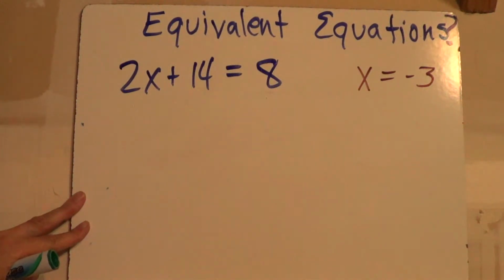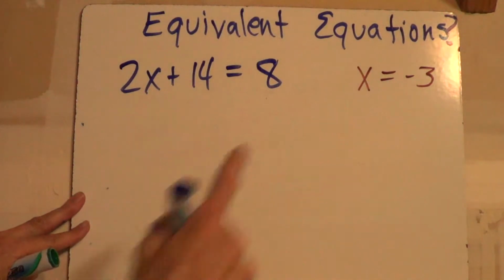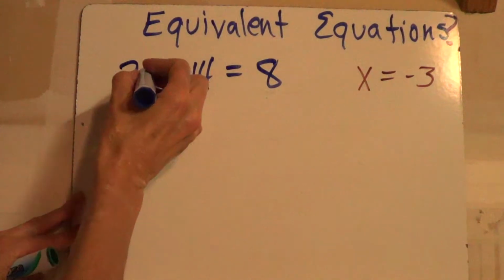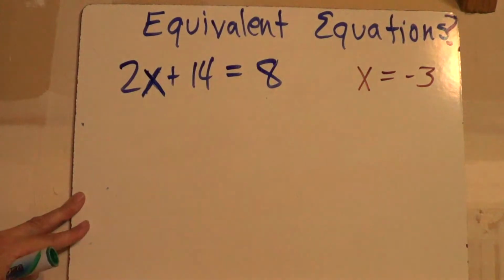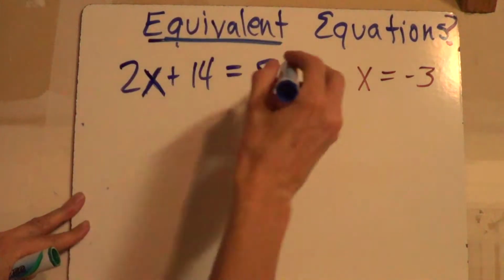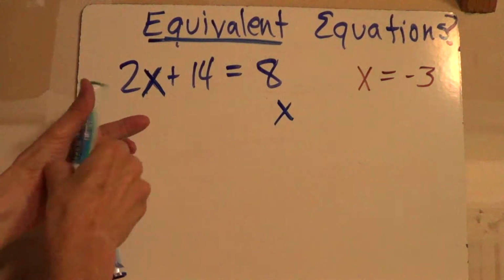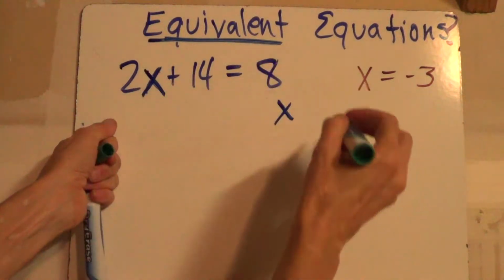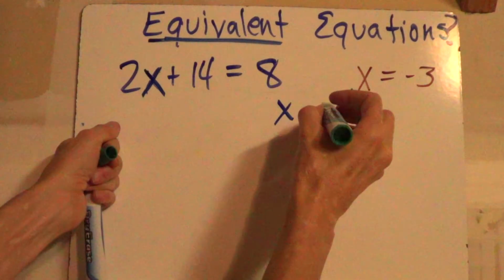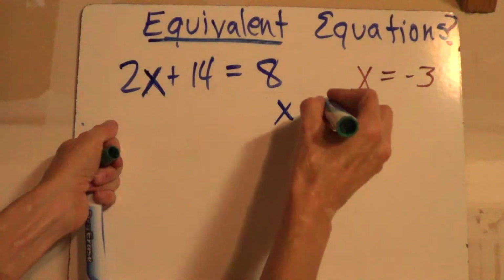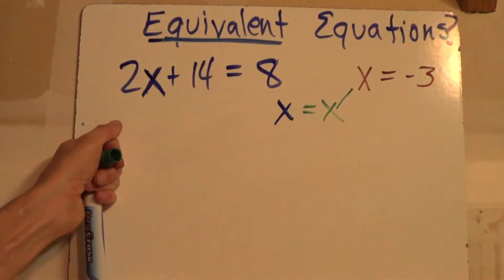Easiest thing to do here to see if they're equivalent is to see if the x value is the same amount, because that's your variable. That's the only way to know if they would be equivalent, if this x and this x are equal.